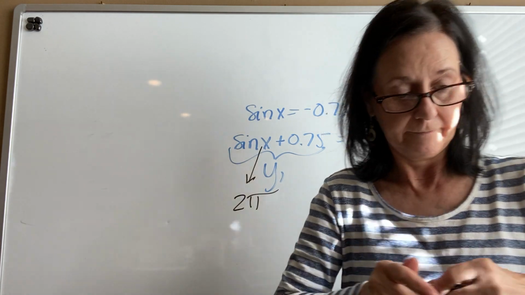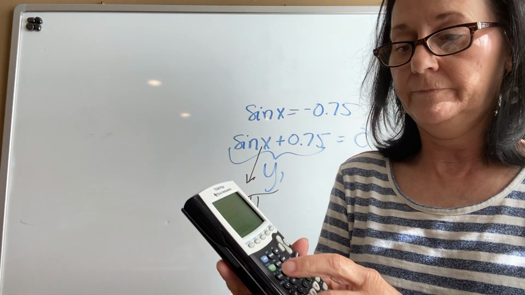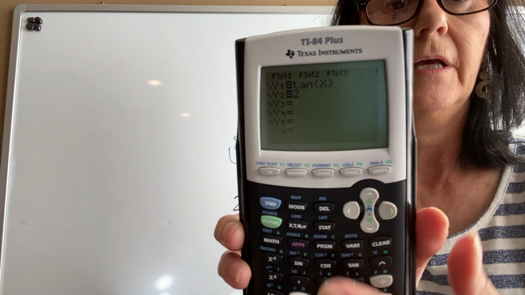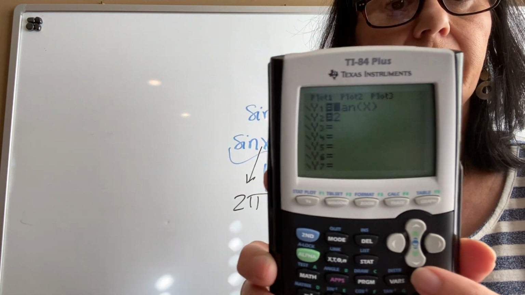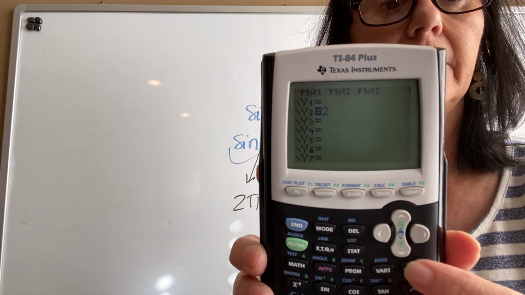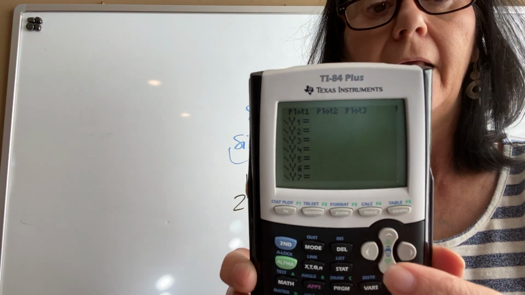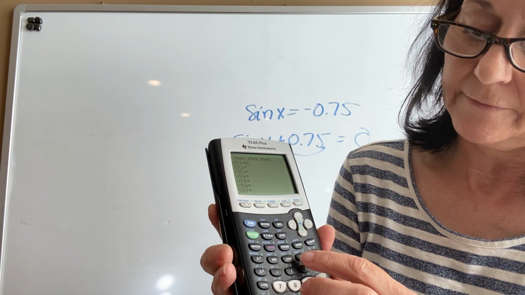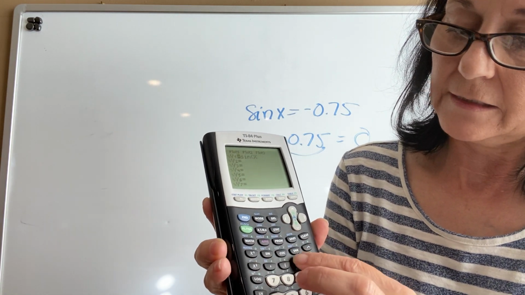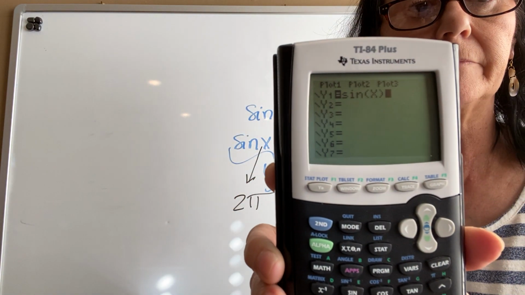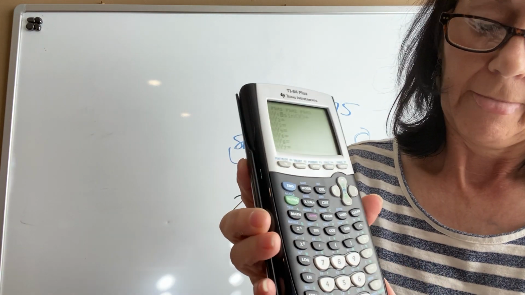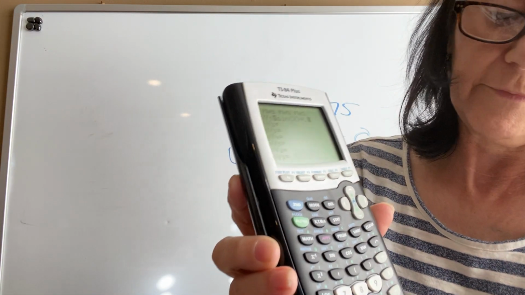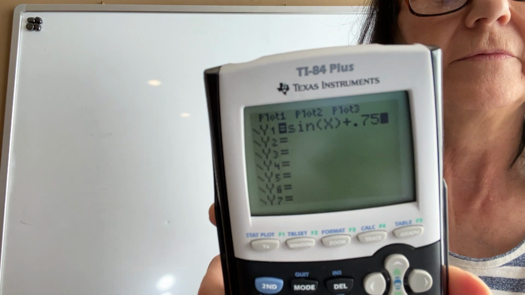All right? So I go back into y equals. I'm going to clear out what's there. Clear, clear. And I'll go back to y sub 1. I'm going to put the sine of x, close that parentheses, plus 0.75.